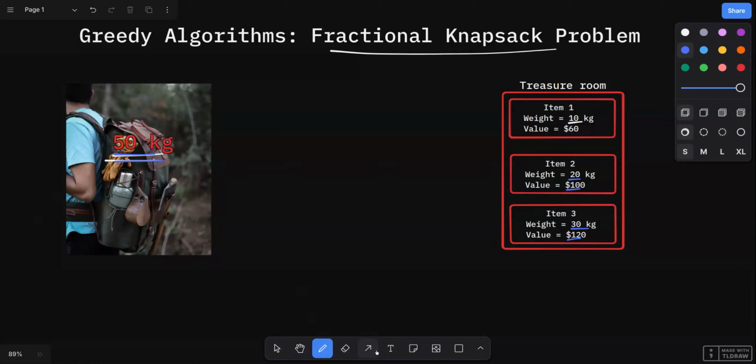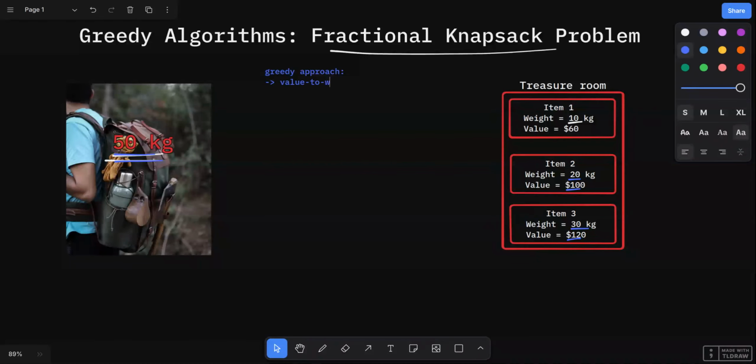So the greedy approach here is to basically calculate the value to weight ratio.